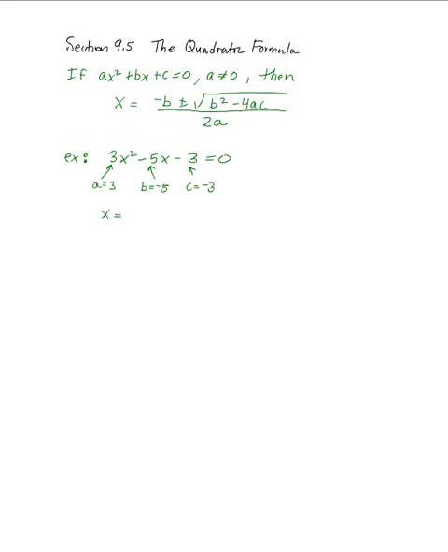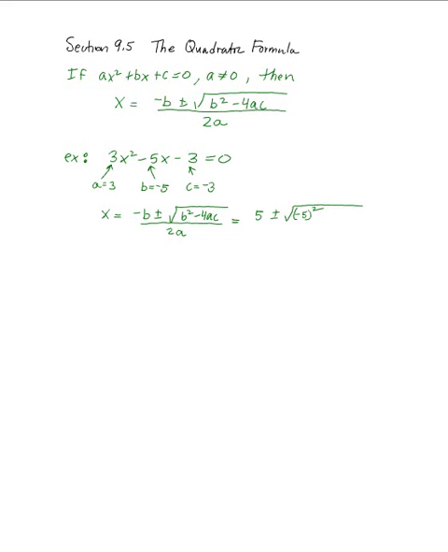X equals negative b plus or minus the square root of b squared minus 4ac all over 2a. That's going to be negative b. Well, b is already negative 5, so negative 5 is going to be a positive 5, plus or minus the square root of negative 5 squared. Now notice I put that negative 5 inside parentheses.